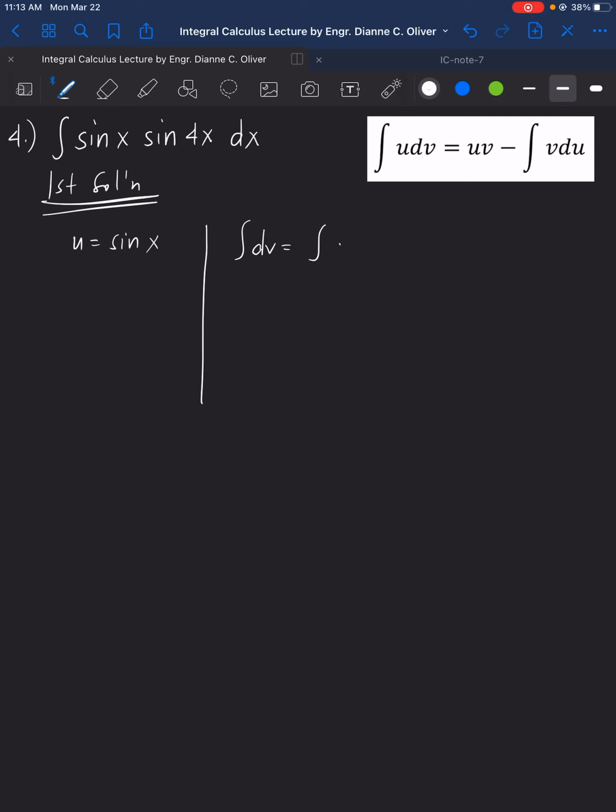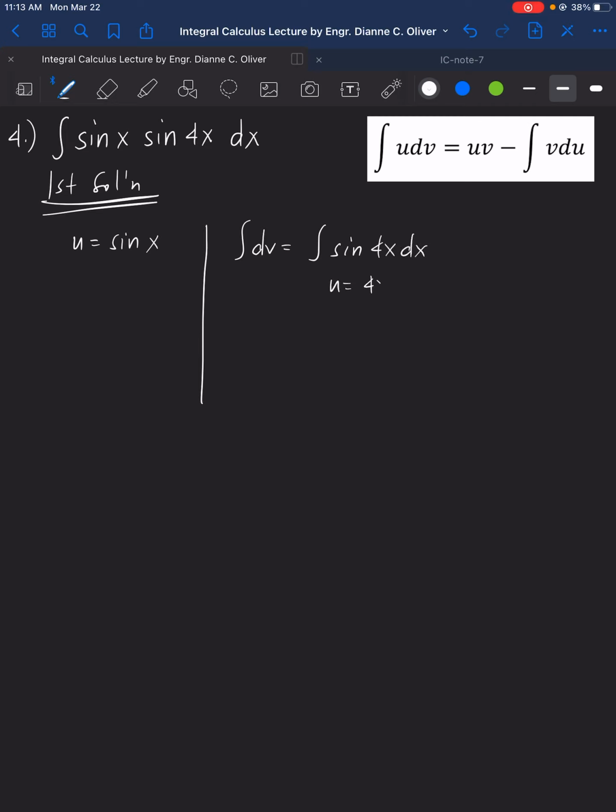The first solution is that looking at this, using LIATE, they're both trigonometric. So obviously, any one of them will be the u. So if we let u is equal to sine x for the first solution, therefore, our integral of dv here will be integral of sine 4x dx.